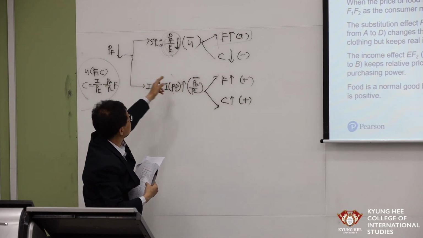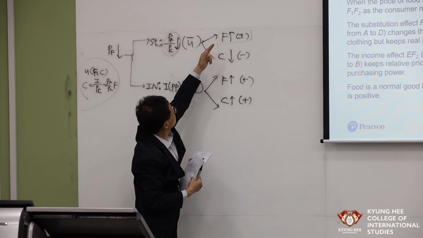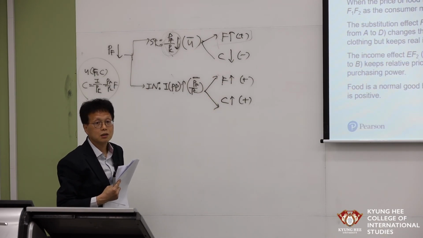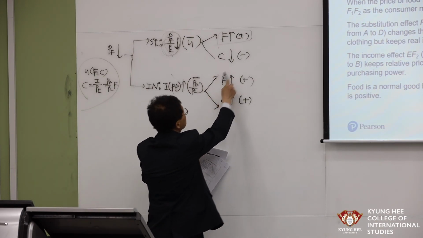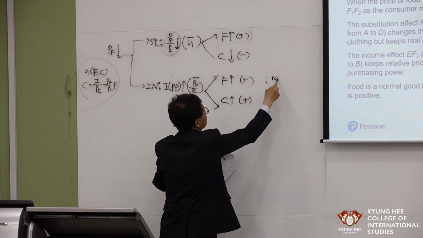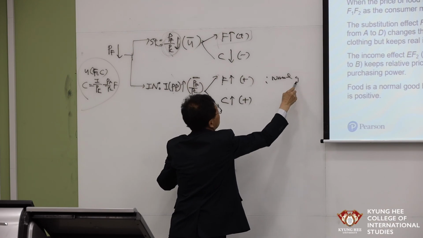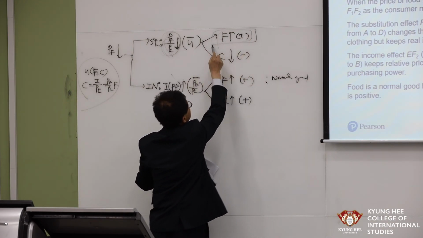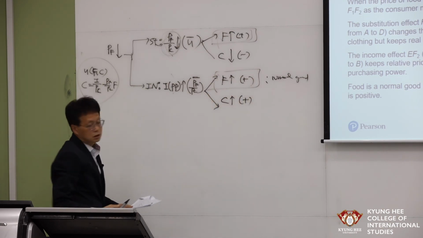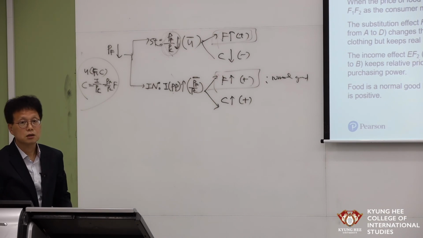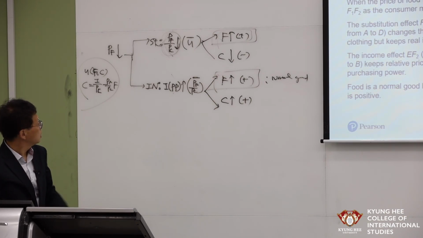So the total impact is positive substitution effect plus positive income effect, right? If this is positive, we say normal good. Okay, we just focus on the X variable, right? That is the explanation of this slide. Okay?